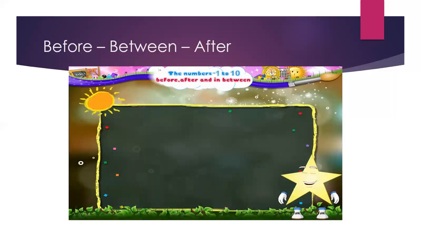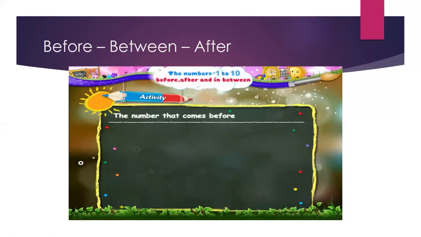Starry, shall we do an activity together? Fill in the blanks with the correct numbers. The number that comes before 8 is dash. The number that comes before 8 is 7.